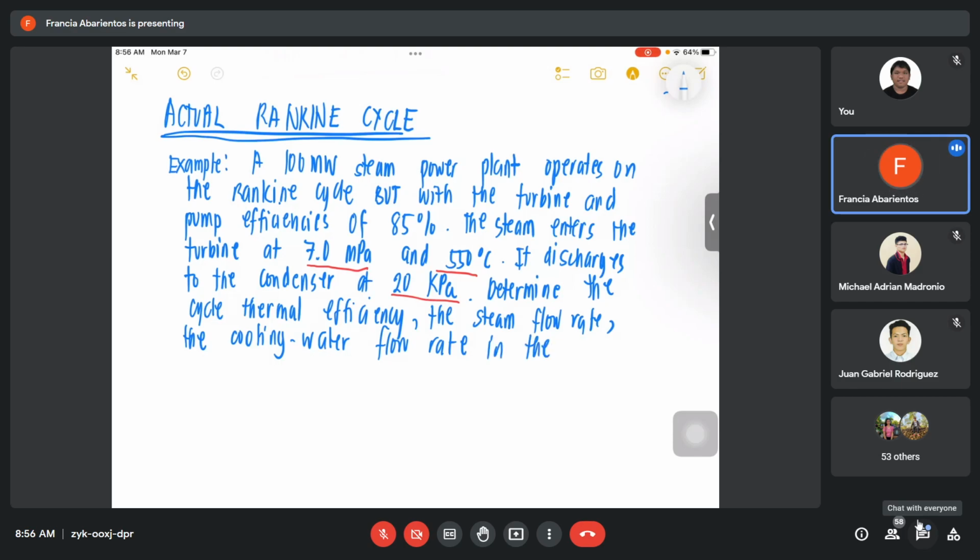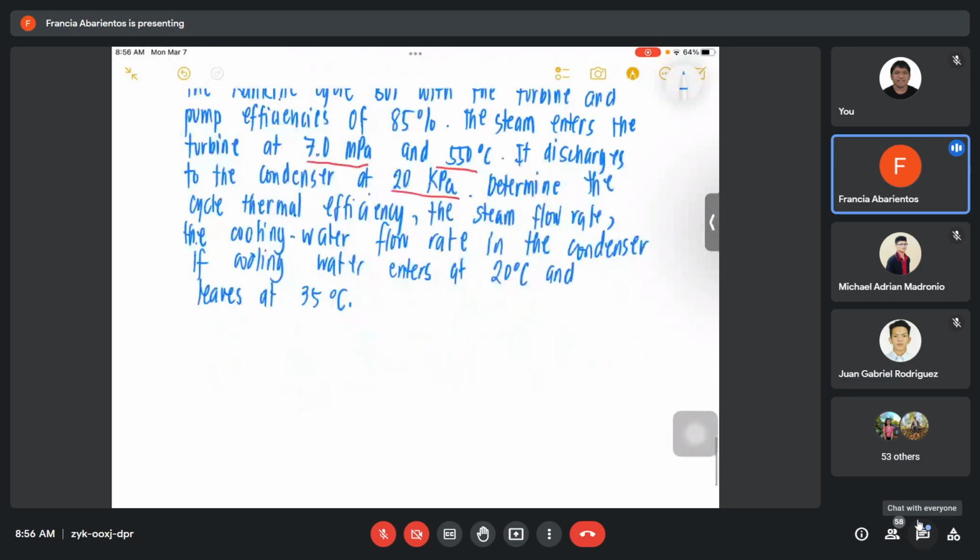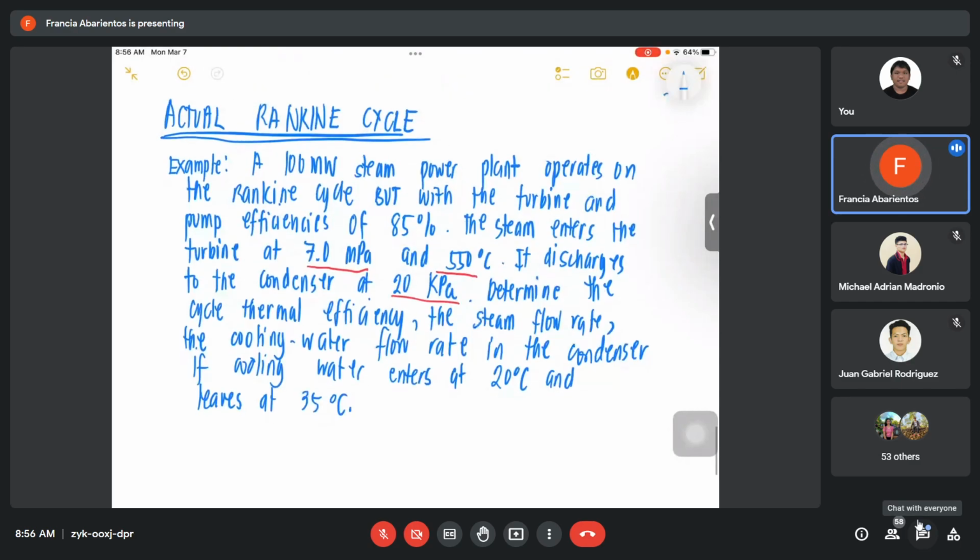Ayan. Given sa atin yung cooling water properties, enters at 20 degrees and leaves at 35 degrees Celsius. Okay. Yan same lang sa atin, but ano yung mga additional given sa atin?